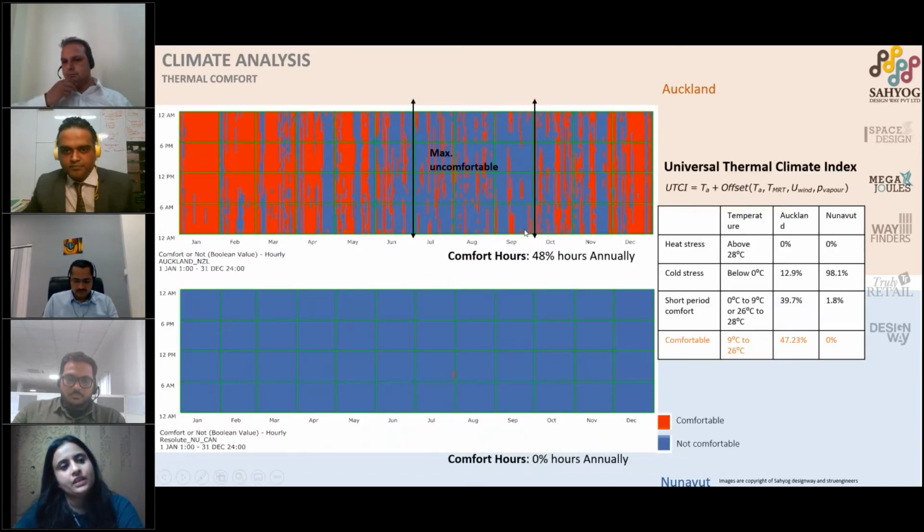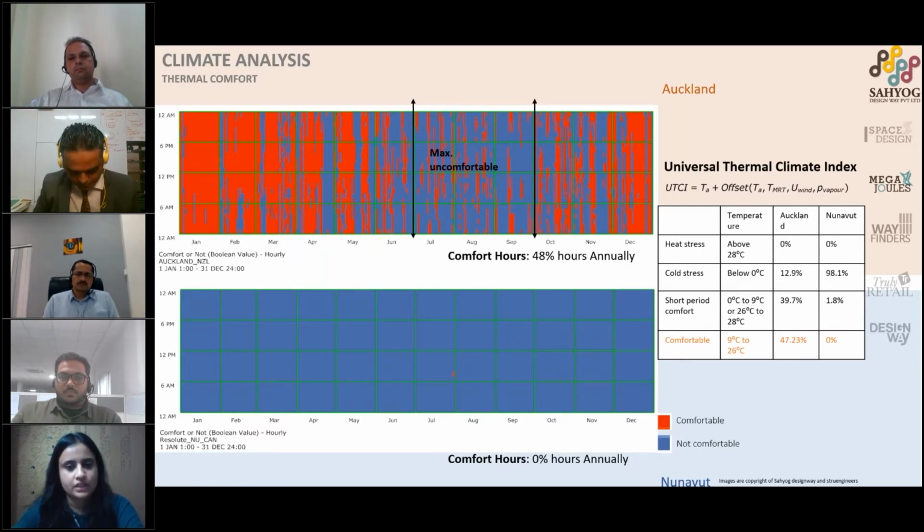Then we have done the thermal comfort study. This is the scale to measure the comfortable hours during the year. In Auckland, 48% of hours are comfortable annually, and 40% are just short period comfort. Whereas in Nunavut, there are no comfortable hours, so we have to design our buildings with more varied strategies.